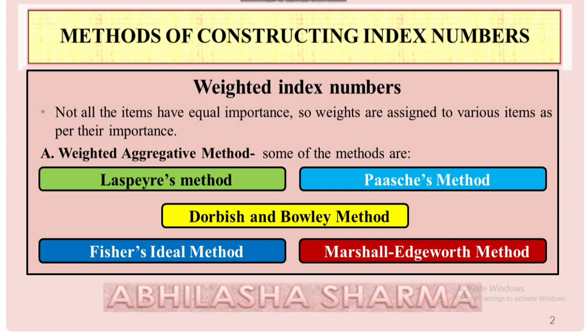Here we will discuss 5 weighted aggregative methods with the help of a problem statement: Laspeyres Method, Paasche Method, Dorbish and Bowley's Method, Fisher's Ideal Method, Marshall-Edgeworth Method.